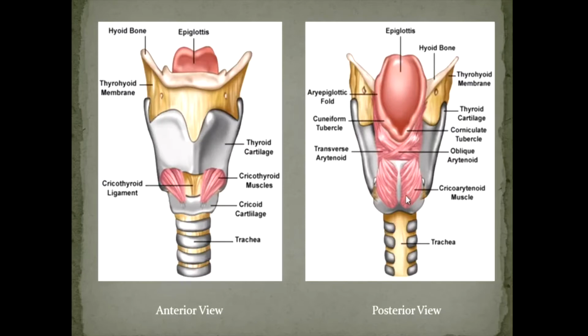The number of tracheal rings will vary depending on where the lesion's located. So those are the main anatomic structures that I want you to know from that diagram. Now we're going to go to the actual human.